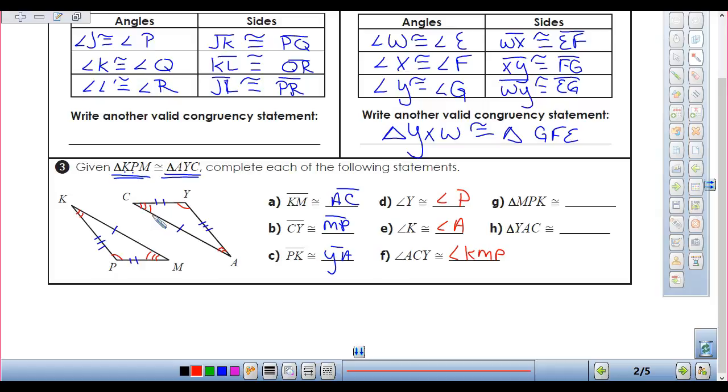Triangle MPK is congruent to, make sure you have a triangle in front of it, triangle, M is the last letter, so we use the last letter of the other one, C. P is still the middle, so that's Y. And K is the last one, goes with the first one.